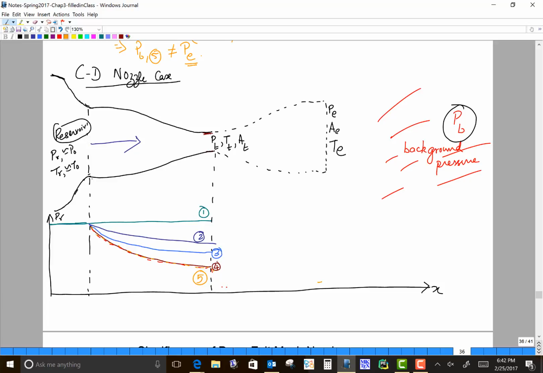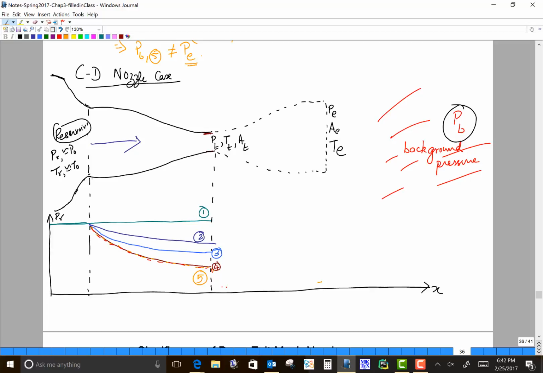The first thing that would happen is the diverging section would allow the possibility for the flow Mach number in the nozzle to go beyond M equals 1. That is kind of obvious, so you know this already, because in the diverging section, when you have a sonic flow, it has the potential to expand or accelerate further into a supersonic regime.